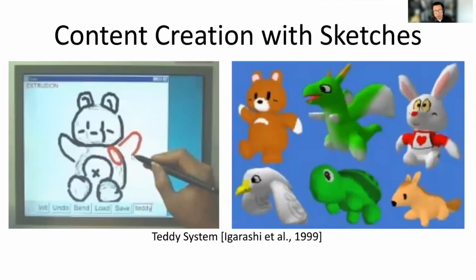One way to connect someone's mind to visual data is to use a sketch interface. Here is a very famous work in SIGGRAPH 1999 by Takeo Igarashi called the Teddy system, which is pretty cool. Even by today's standard, they just draw a sketch and they can create a 3D model which looks like that sketch. That's like 20 years ago.